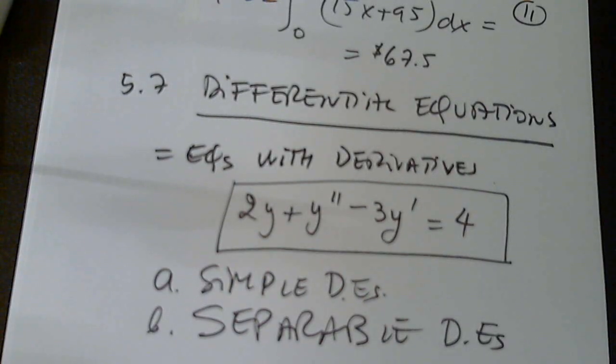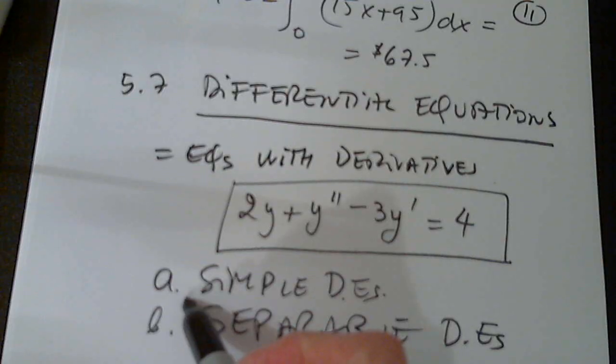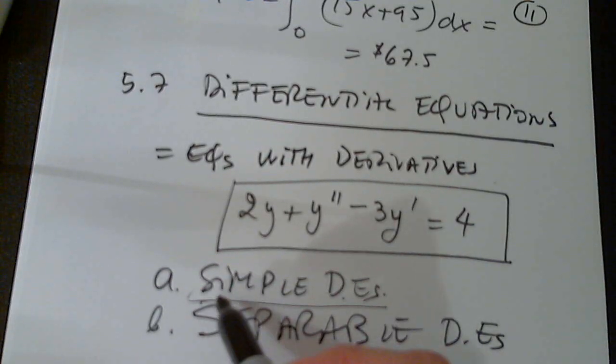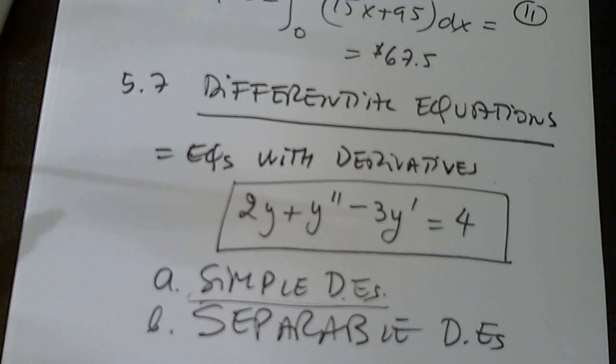We're going to get there hopefully next time. So today, for the next 15 minutes, we're going to look at simple differential equations. I'm going to share my screen and we will look at a few examples.